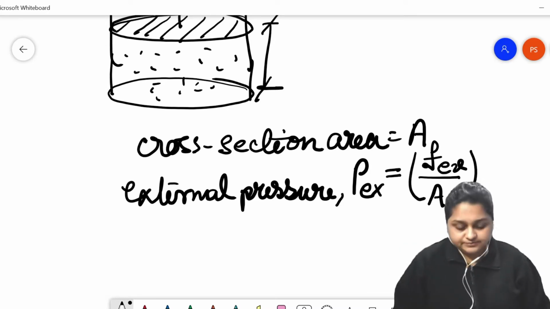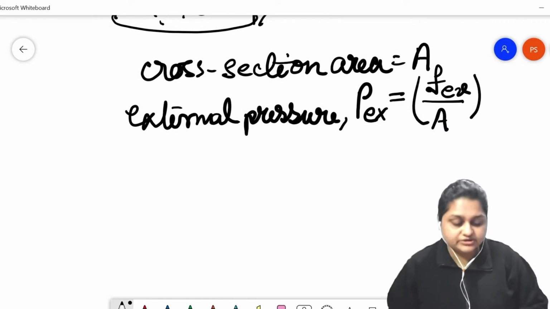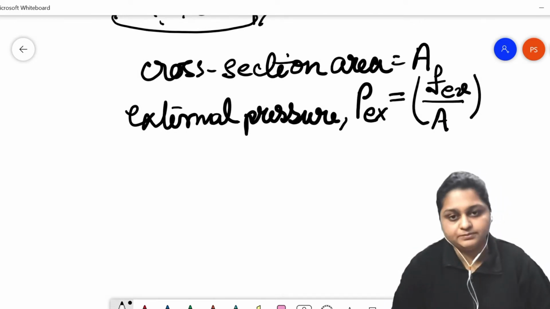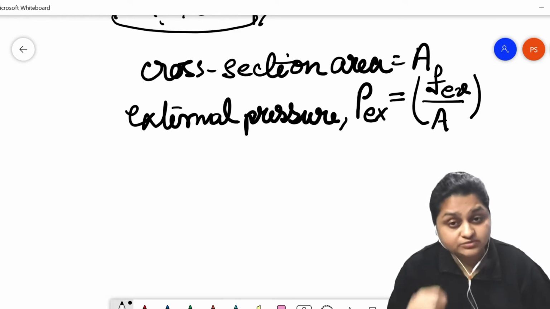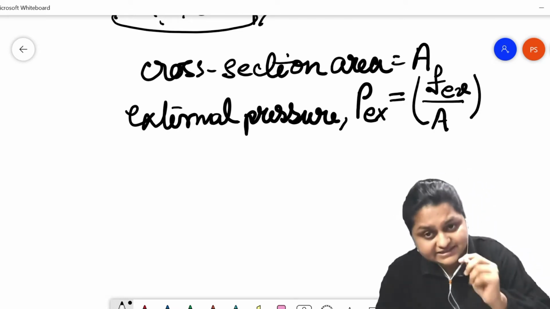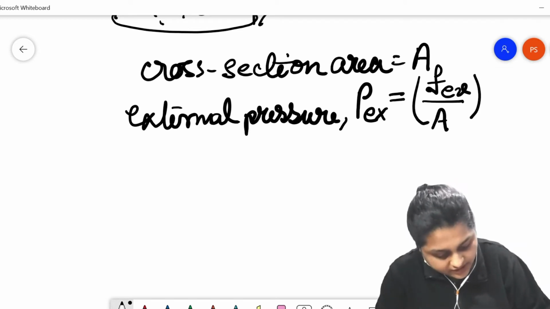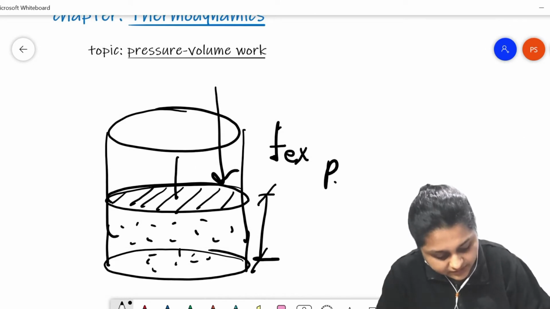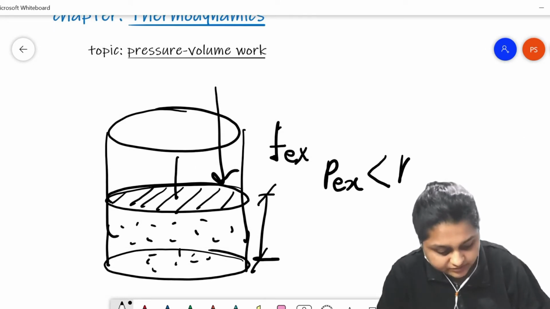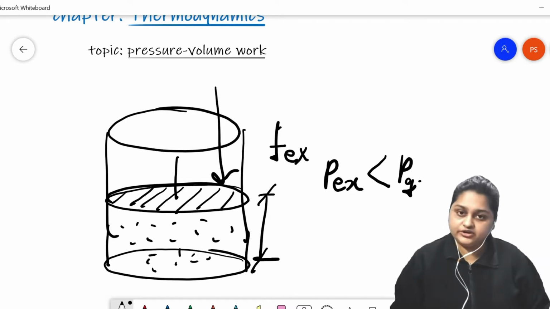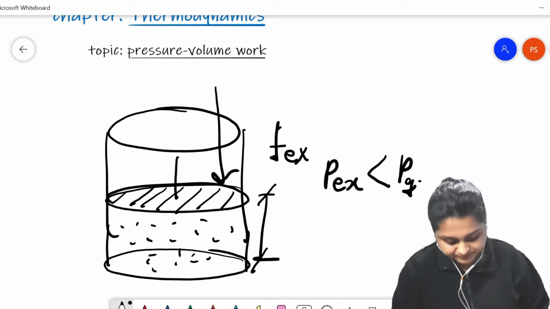Let's assume that the external pressure that we are talking about right now is lesser compared to the pressure of the gas inside this container that is enclosed. So we are assuming that Pex is less than the pressure of the gas that is enclosed inside this beaker.